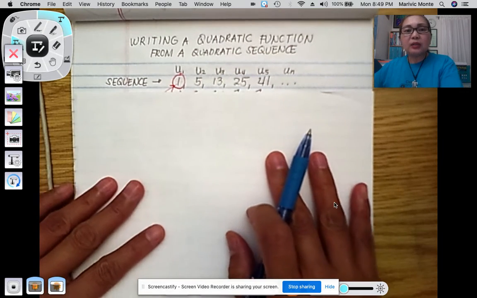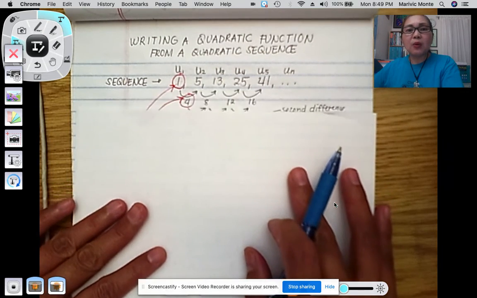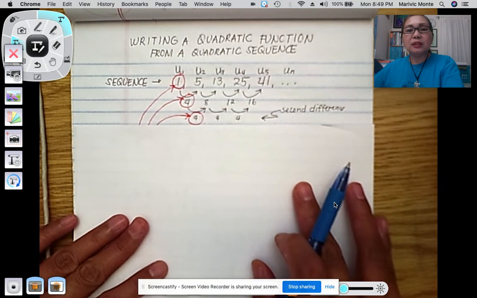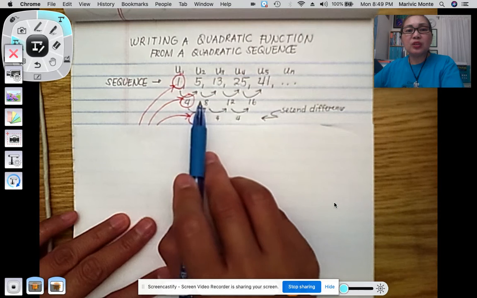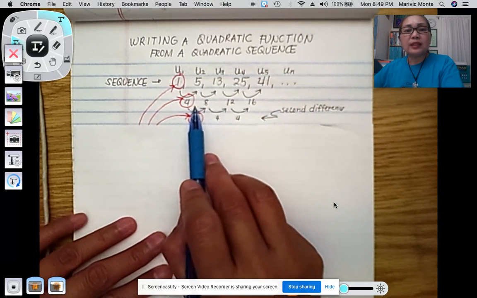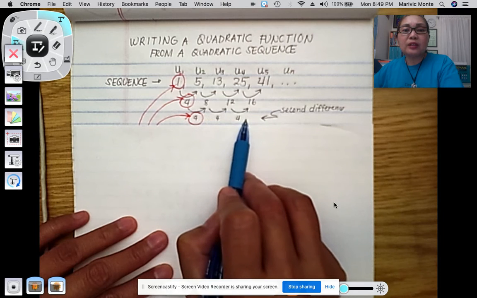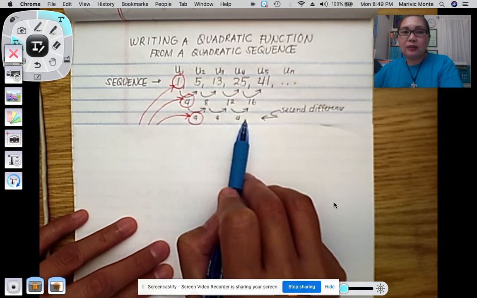Let us take a look at how you find out if this is really a quadratic sequence. From previous discussion, we said that once you find out that the second differences are all the same, then the sequence has a quadratic relationship.